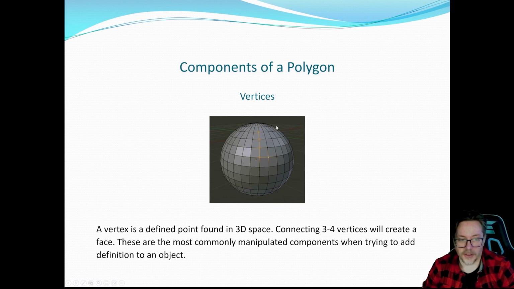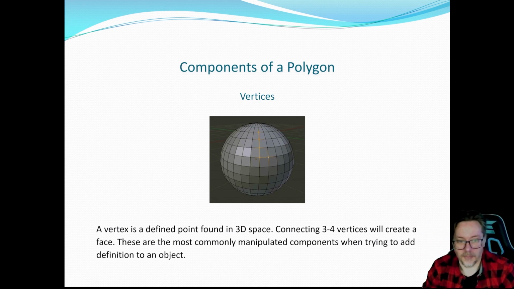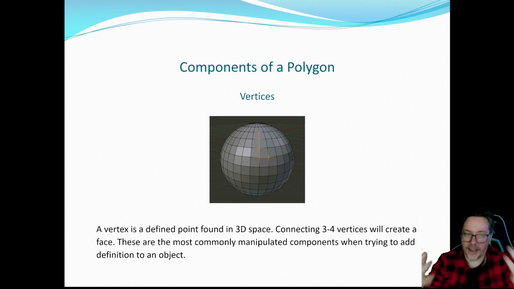You can imagine there's a couple of thousand vertexes or vertices on this sphere. The more of these faces that you have, the more squares that you have, the smoother the object will look, but the longer it takes to calculate and render and work out all those positions.